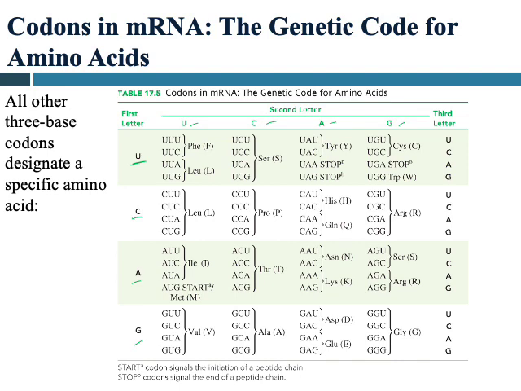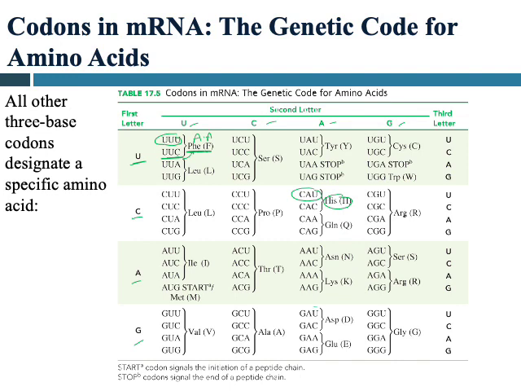So if I have UUU, 3 bases together, that codes for phenylalanine, one of the amino acids. If you have UUC, again it codes for phenylalanine. If you have CAU in your mRNA, cytosine, adenine, uracil, then it goes for histidine. So you can check that for each of the 20 amino acids you will have a specific codon assigned to it, meaning a sequence of 3 bases together, right?